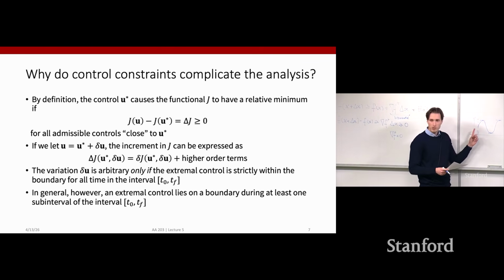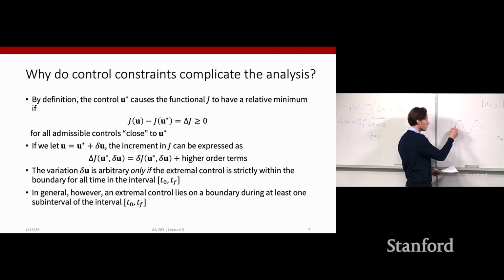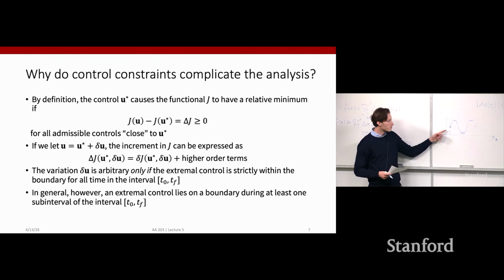Now, what happens if we do consider the boundaries here? Is this a local minimum? I see some nodding. Can you say why this is a local minimum? Yes. Because if you move anywhere on that curve, that's still within your boundaries. Exactly correct.